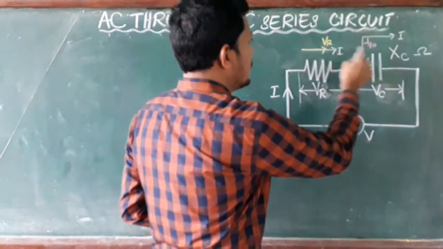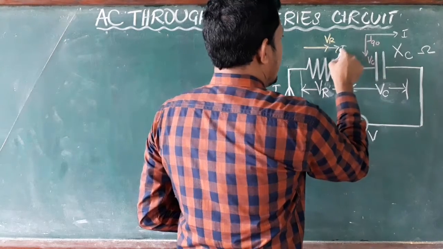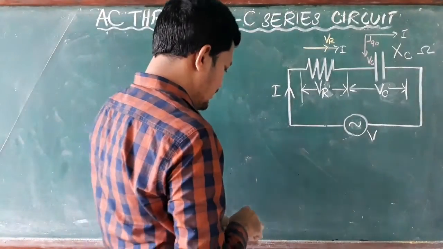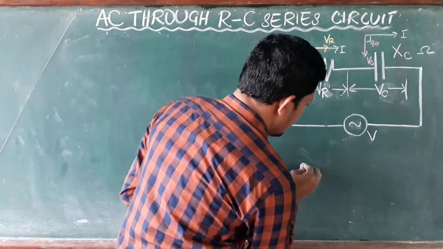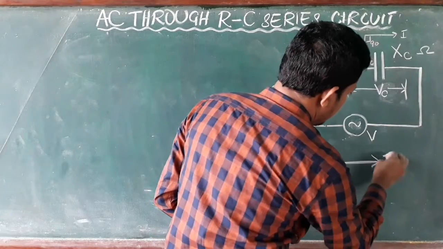Now we are going to make the total vector diagram, or total phasor diagram, taking the current as the reference. I am going to draw it here. Taking the current as reference, it's the reference current vector.